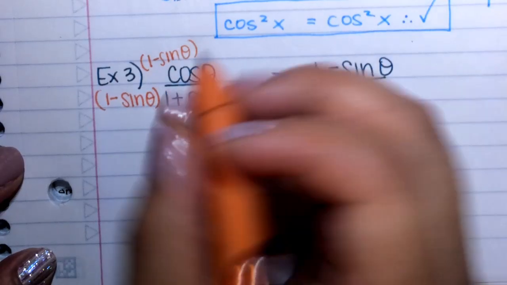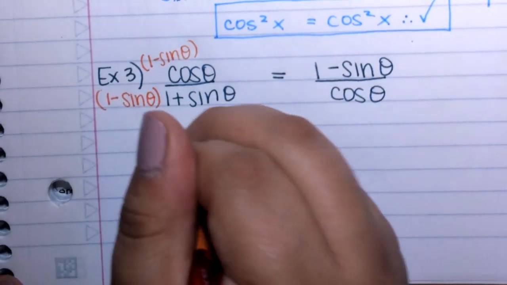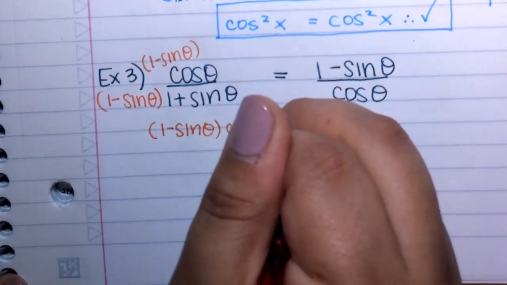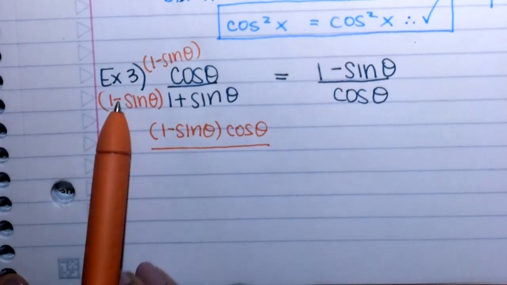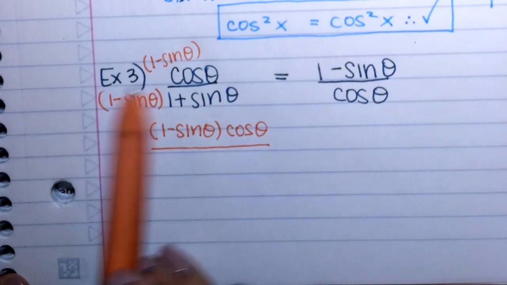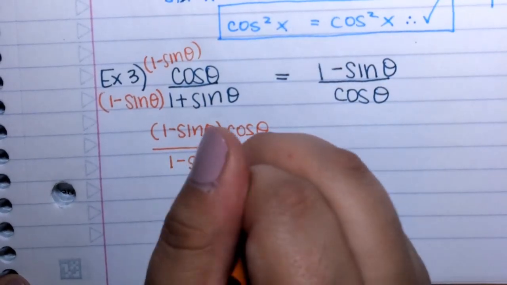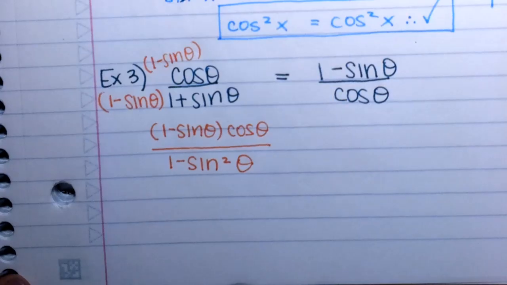Because up top, I'm going to leave this 1 minus sine of theta, cosine of theta, over, what does the bottom turn into when I multiply these out? 1 minus sine squared theta. It creates that difference of 2 squares.